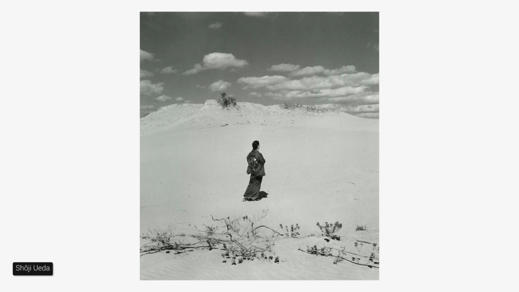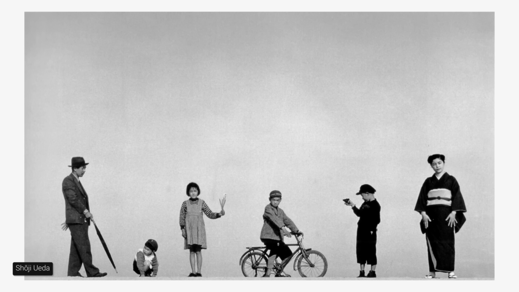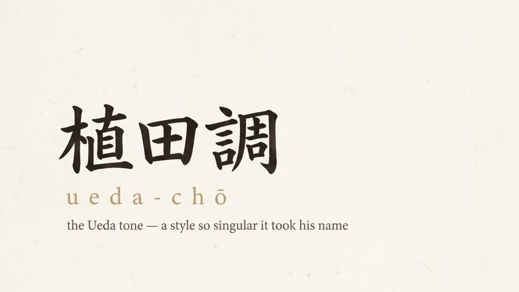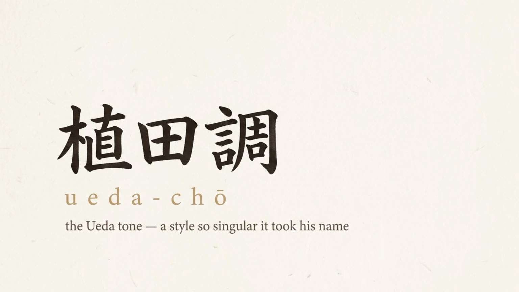But if you treat that plain background the same way Ueda does, you end up creating photographs that people talk about for decades later. And in fact, in Japan, his style has its own name. It's called Ueda Tone. And he has a whole museum dedicated to his photography.